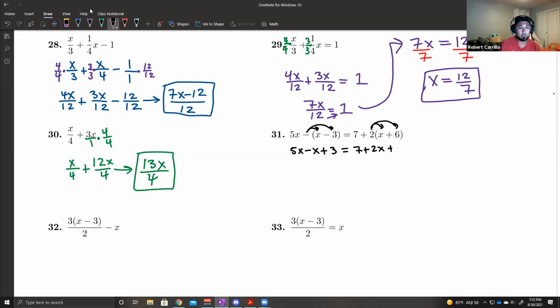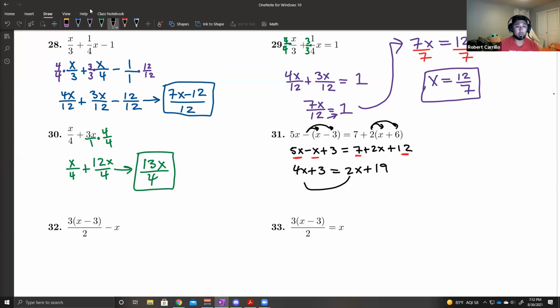Plus 2x plus 12. Okay. Combine like terms. 5x, negative x, and then on the right side, 7 and 12. So on the left side, we'll have 4x plus 3. On the right side, 2x plus 19.